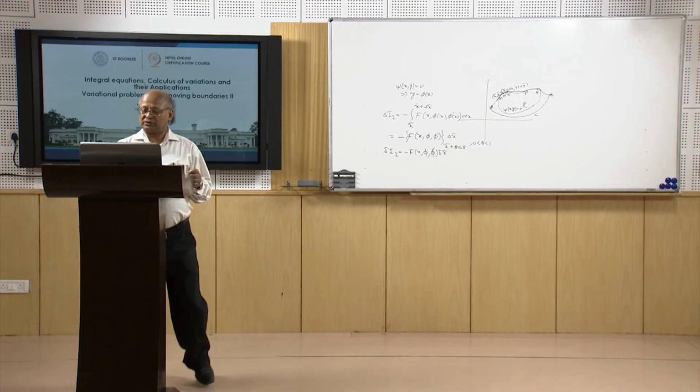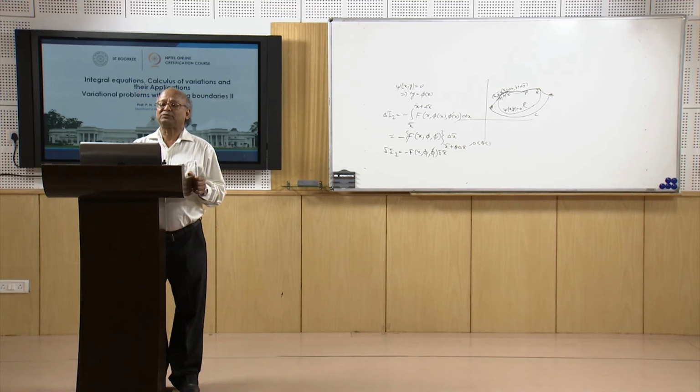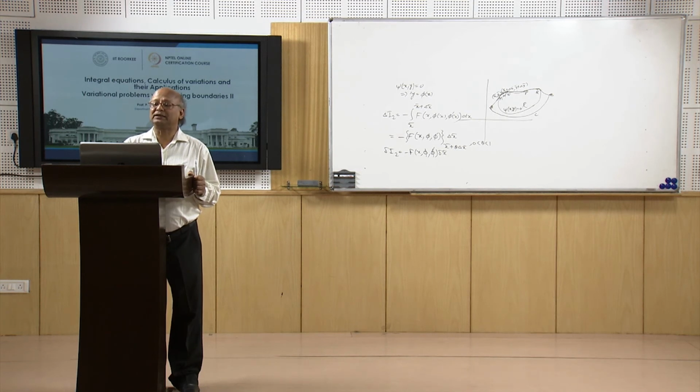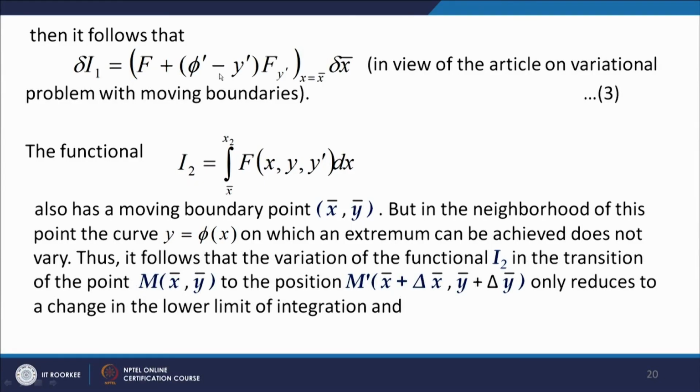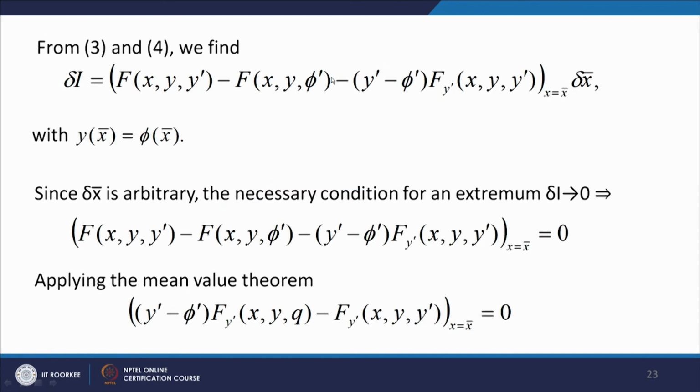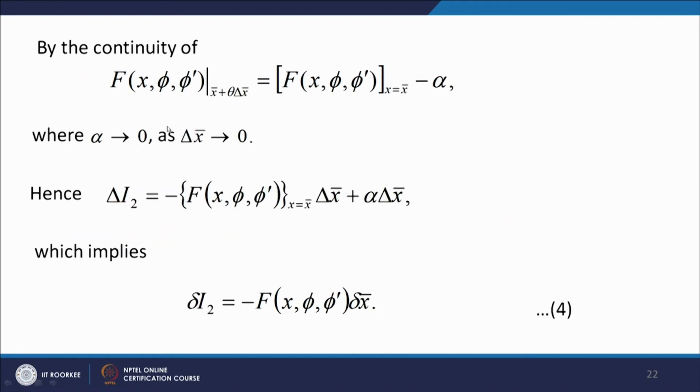So this is ΔI2, and from 3 and 4 we find ΔI. Equation 3 gives ΔI1 equal to [f + (φ' minus ψ') f_ψ'] at x = x̄ times Δx̄, and we have just now seen equation 4, which is ΔI2 equal to minus f_x φ' Δx̄.